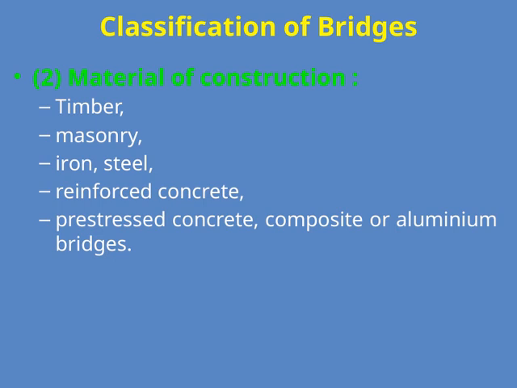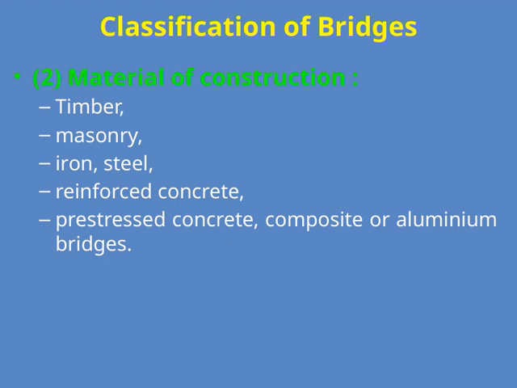When we talk about materials, we're really considering what the bridge is built from, which can significantly influence its design, strength, and durability. Some of the earliest bridges were made from timber, which is lightweight and relatively easy to work with, but it does have limitations in terms of strength and lifespan.